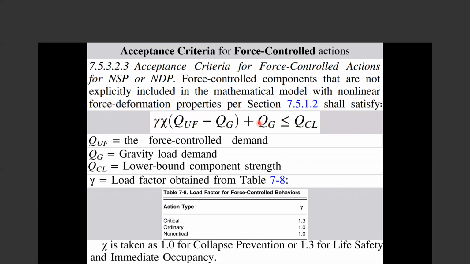It's not like deformation control, where you want to check the plastic deformation, the table, these things. So for the force control elements, check the demand with the lower bound capacity, the same as linear.